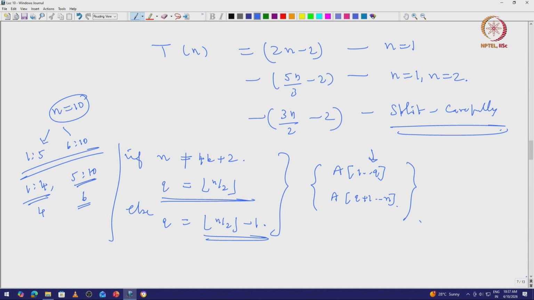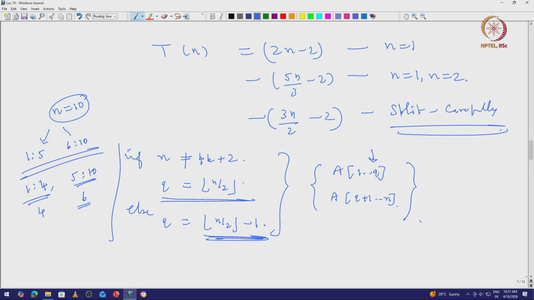And recursively. So, the number of items that you have, when you divide by 4, what is the remainder you get? If you get remainder 2, this is how you should split. If you are getting any other remainder, you split equally.